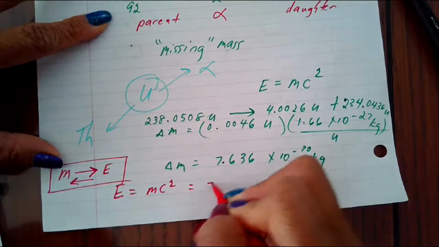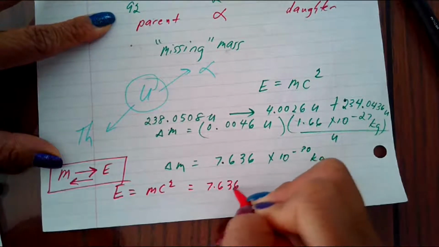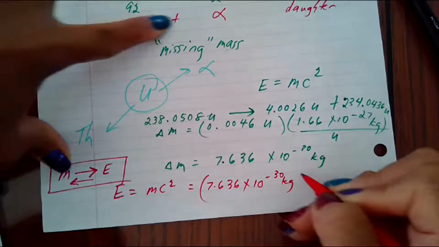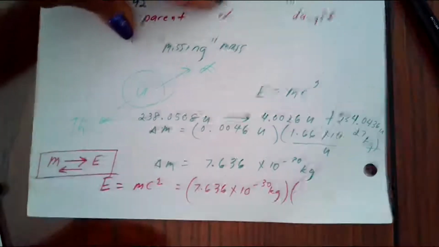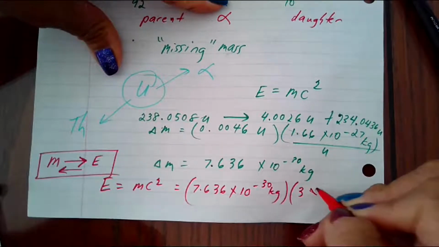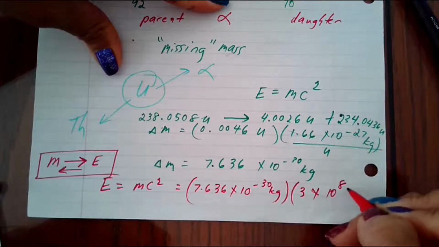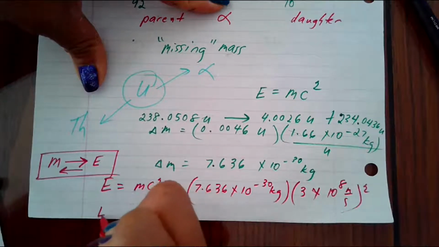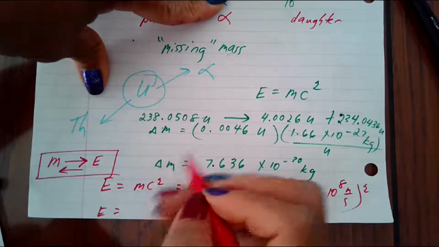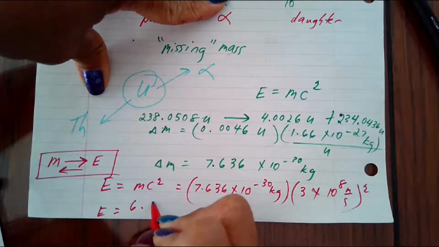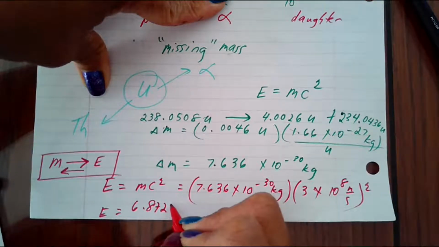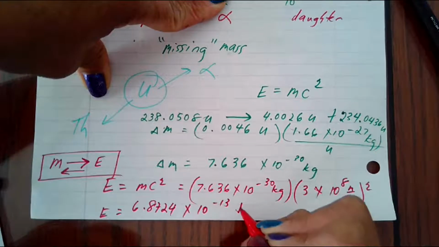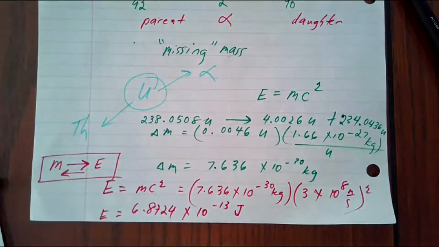So mass is 7.636 times 10 to the negative 30 kilograms. Multiply that by c, the speed of light, 3 times 10 to the power of 8 meters per second, squared. And the energy produced is 6.8724 times 10 to the negative 13 joules.